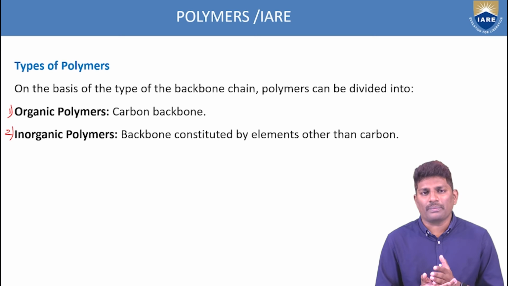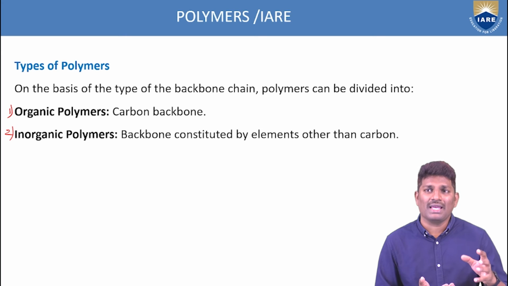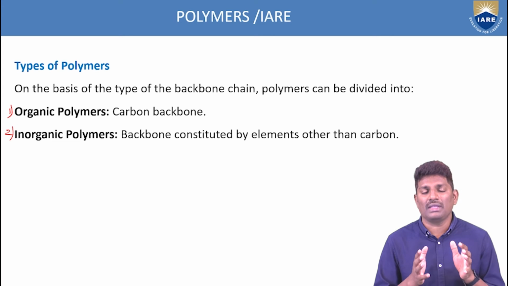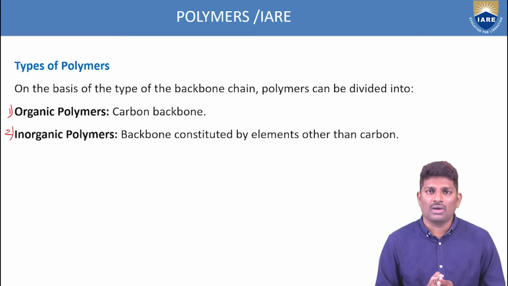If we replace the backbone with any element other than carbon, that category comes under inorganic. And if the backbone is composed of carbon, then that type of polymer is organic.